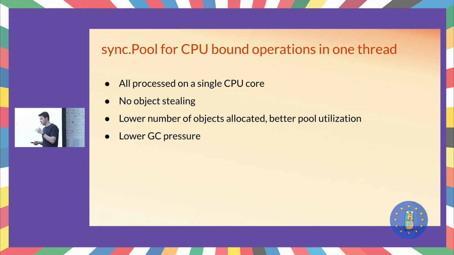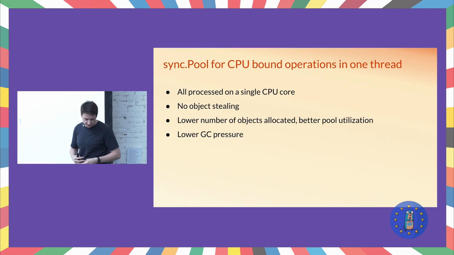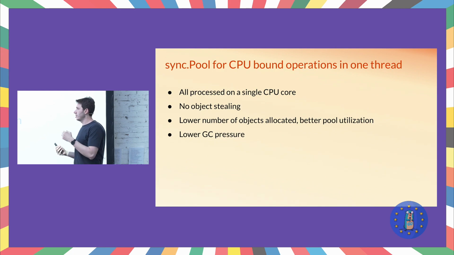Because in the internal sync pool implementation, there are inner pools for storing the objects. And those pools are mapped on threads in the Go runtime. When you request an object from sync pool, it first checks the inner pool on the thread where the coroutine runs. And if it doesn't find the object there, it tries to steal it from other threads.